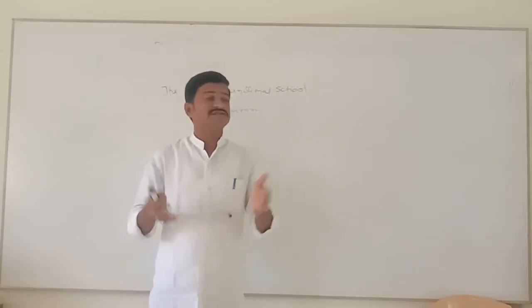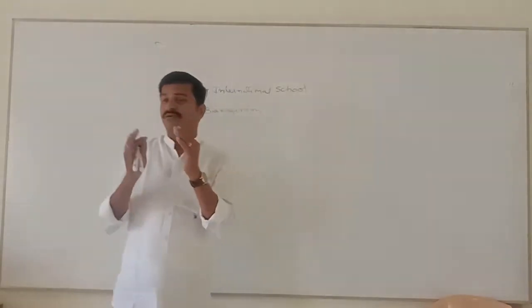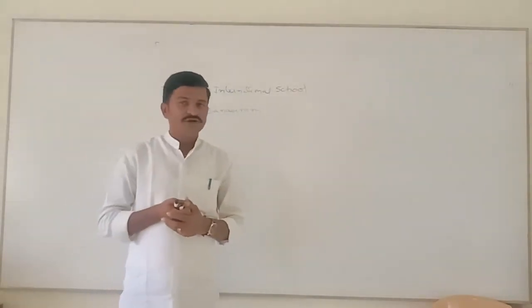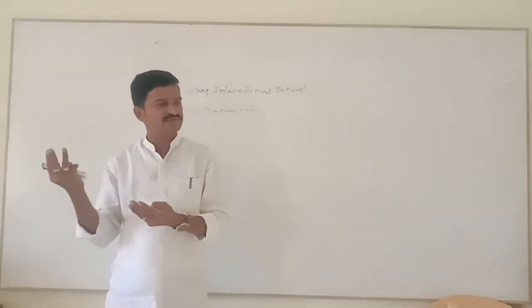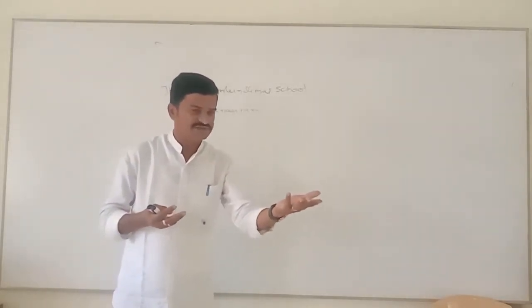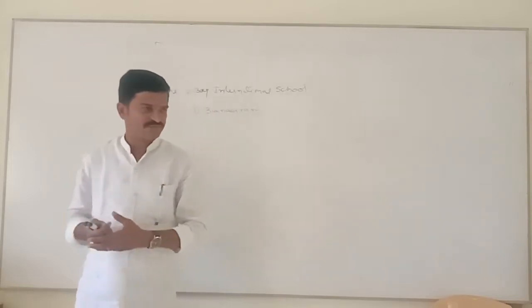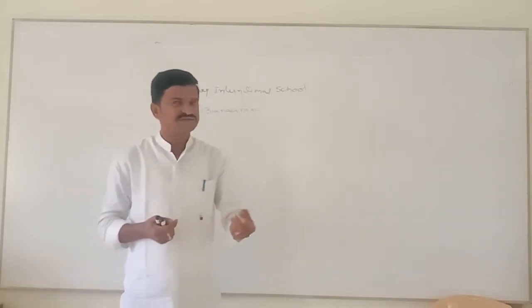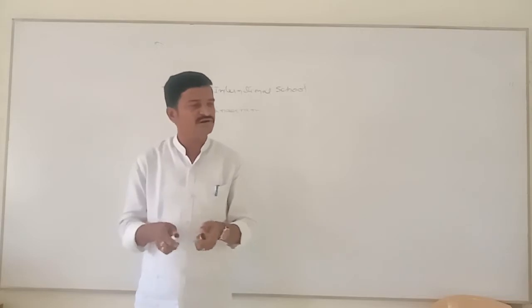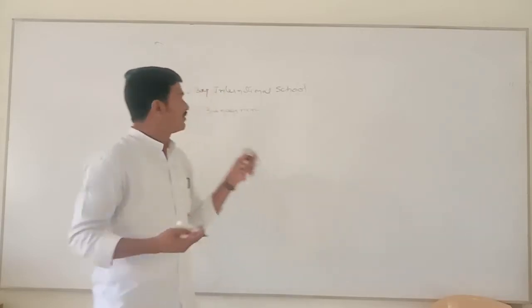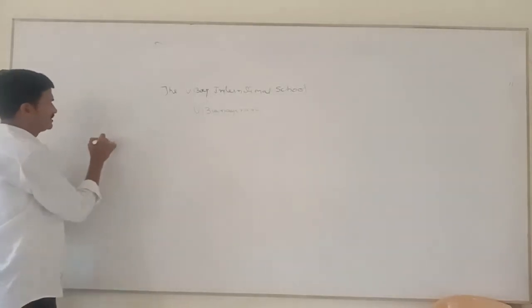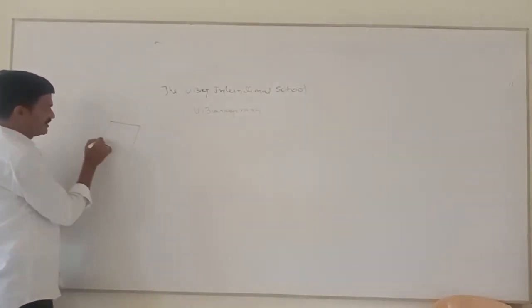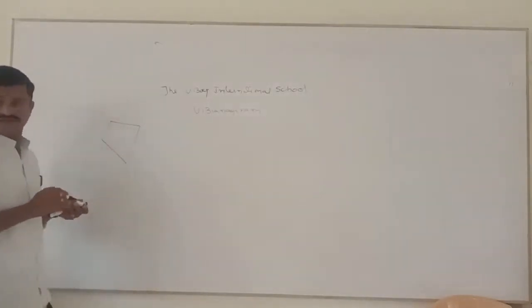So, as a polygon is bounded by line segments, it may form with three line segments, four line segments, or five line segments, and we have some different names also, isn't it? A polygon which has three line segments is called what? Triangle. A polygon which has four line segments is called what? Quadrilateral. As it has four line segments, it is a quadrilateral.